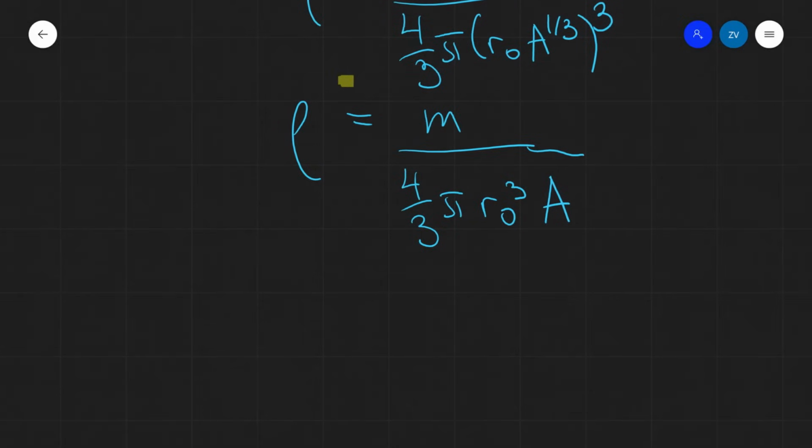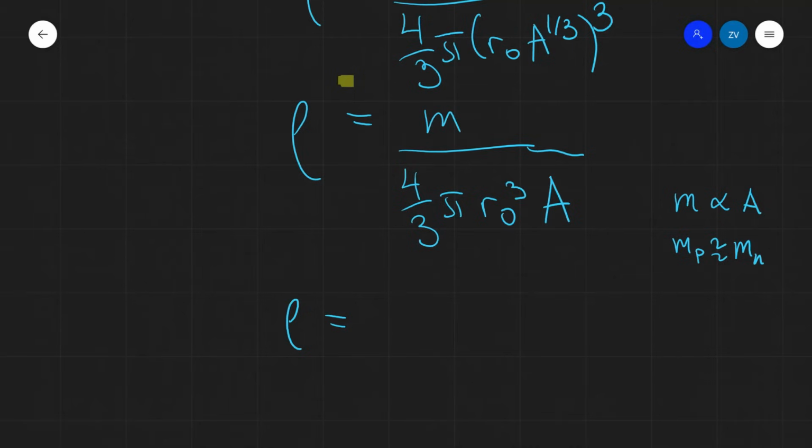So something which is really worth adding in the following equation for the density of nuclear matter is that it seems to be independent of the nucleon number A. Why is that? Well, because our density is equal to the mass divided by the volume, you can assume essentially that your mass is proportional, let me just write this over here on the side, that your mass is proportional to the nuclear number A. This is because the mass of a proton is approximately the same as the mass of a neutron.